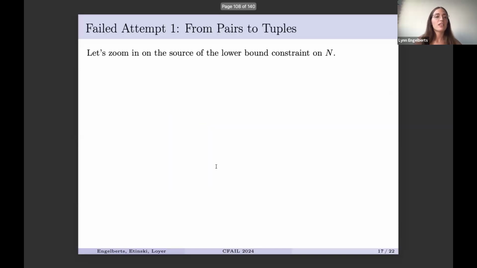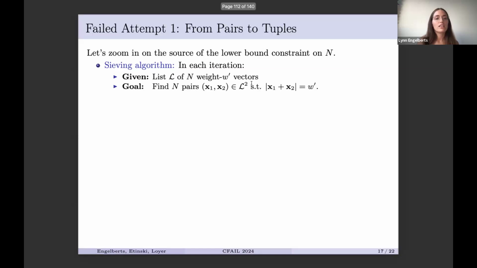To explain the first attempt, let's zoom in on the source of the lower bound constraint on capital N. I told you that what the sieving algorithm does is, in each iteration, it's given a list of vectors that satisfy some code constraints, and we use some combination procedure that turns them into new vectors that satisfy an additional code constraint. More precisely, in each iteration, given a list of capital N vectors, there are N squared pairs, and it searches among those pairs to find pairs whose sum has Hamming weight W prime.